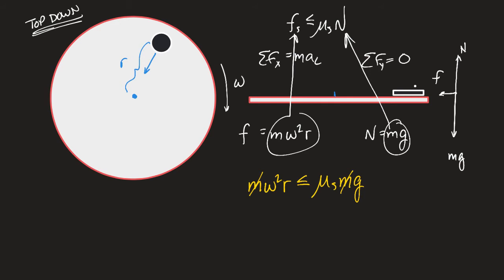And now it depends on your question. Do you want to know what coefficient of friction you need to keep the coin on the table? Solve it for coefficient of friction. If you want to know the maximum speed that you can spin the record without the coin flying off, then solve it for the speed.